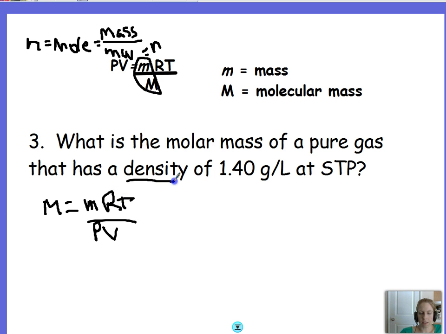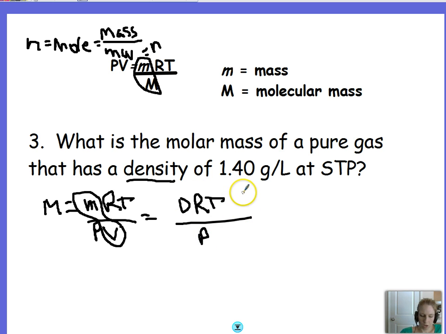And look at our equation, it's asking for density. Conveniently, these equal density. So we can rewrite our equation one more time: molar mass equals density times R times T all over P. And now this is the equation we're going to actually use.